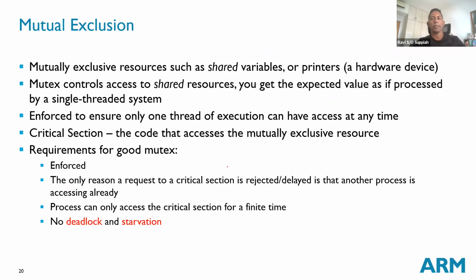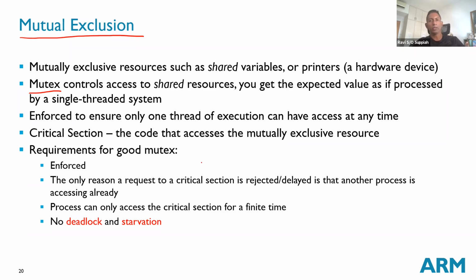The OS itself actually has a very good built-in mechanism, which we call Mutex. Mutex basically stands for mutual exclusion. In mutual exclusion, you are able to lock the access to a particular resource once you take the mutex that is tied to that resource.